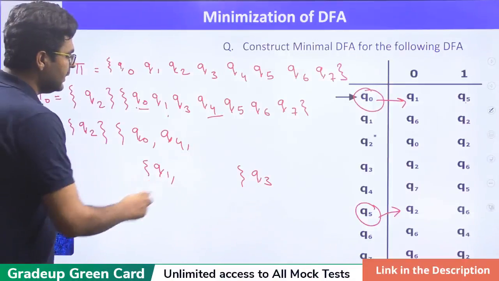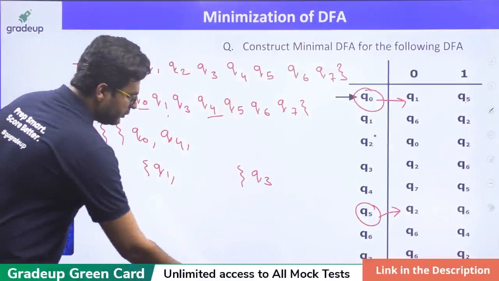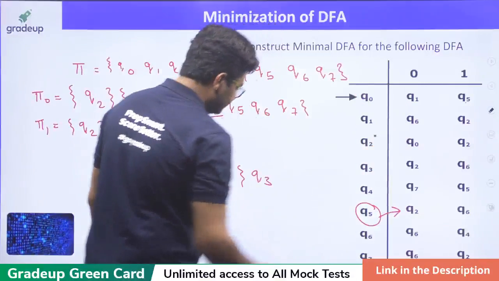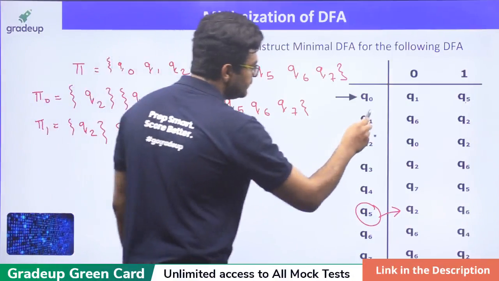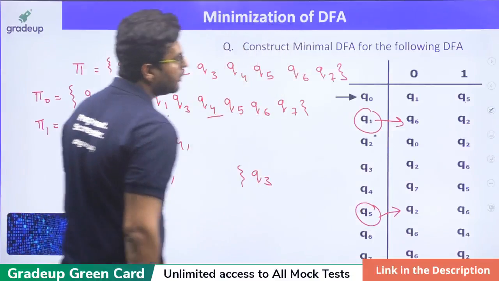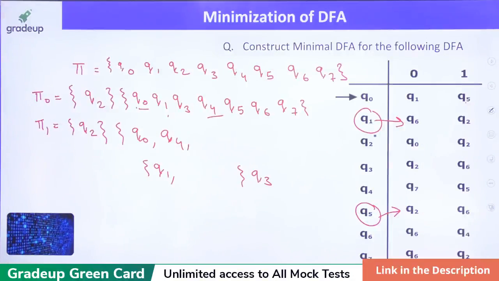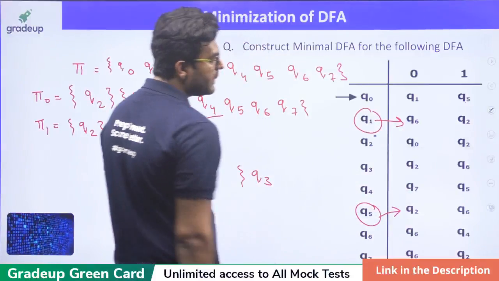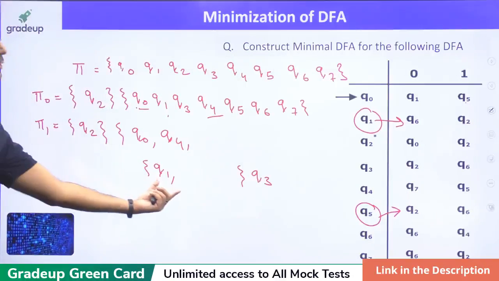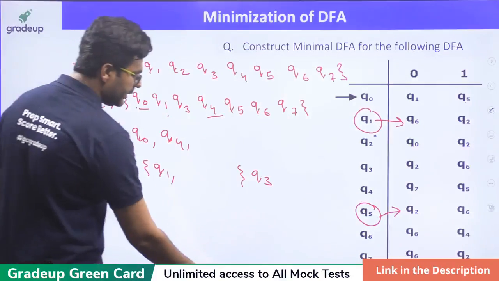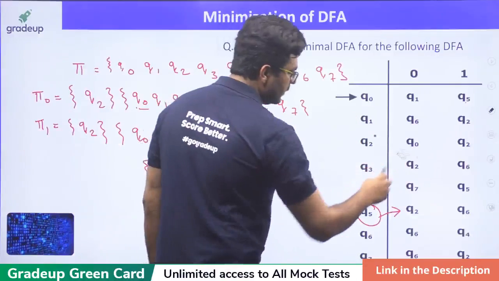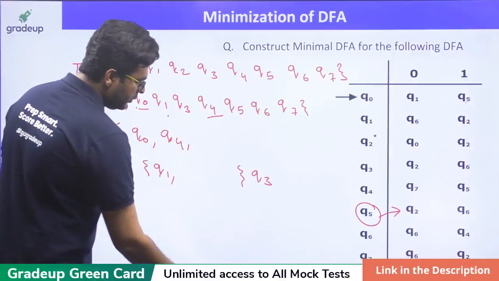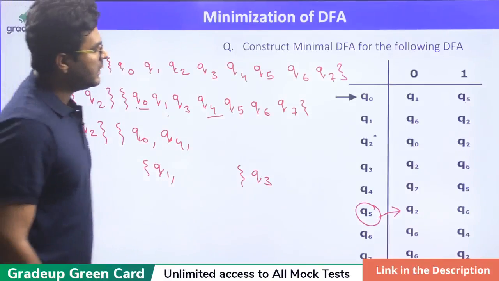Okay. Let's check with Q1, guys. Now for Q1, we are getting Q1, Q6 and again Q2. Q6 is a non-final state and Q2 is a final state. So we can't keep it over here too. Next, check it for Q3.